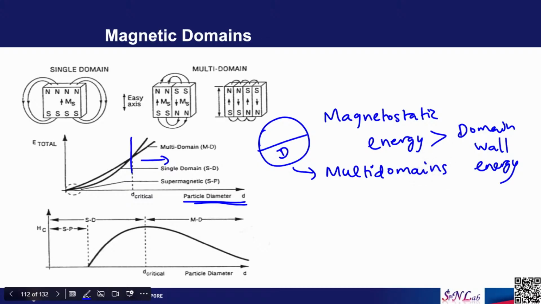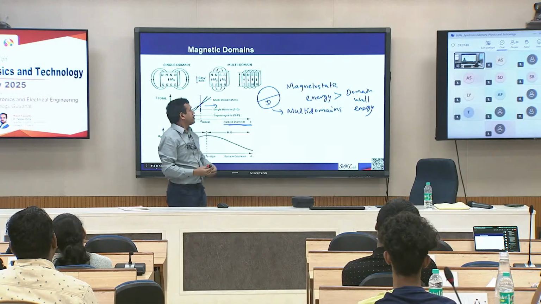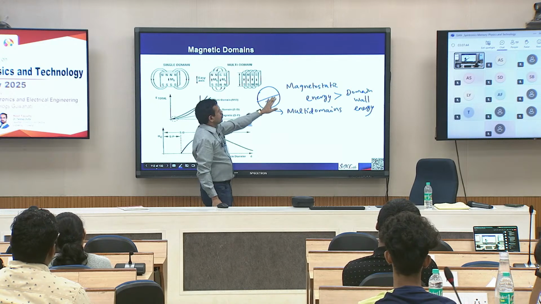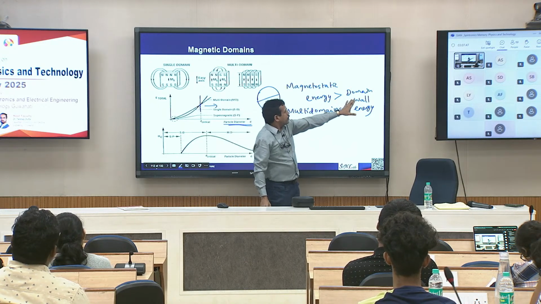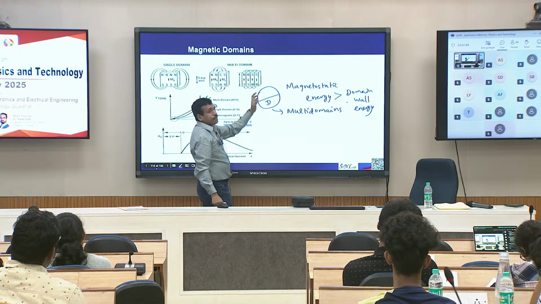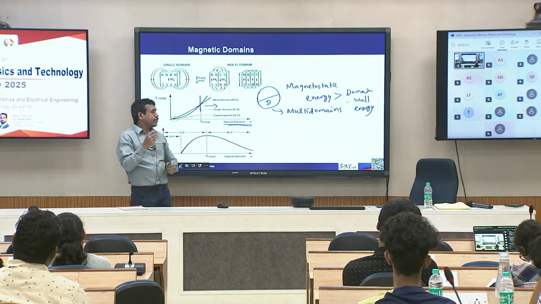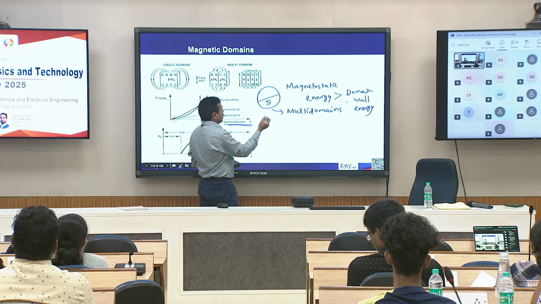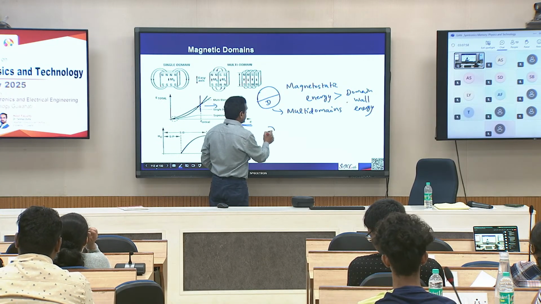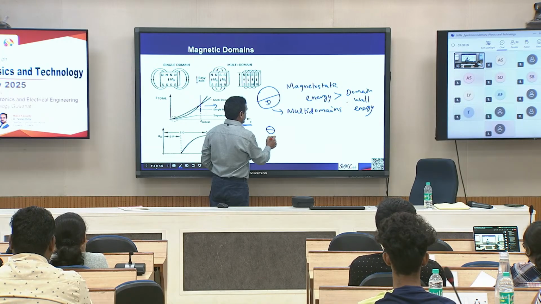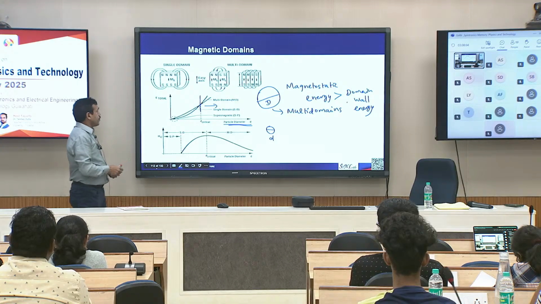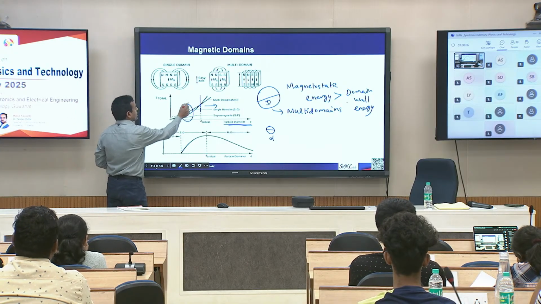In your chemical synthesis you have lots of such particles, all above a certain critical dimension, so the magnetostatic energy is more than the domain wall energy. All these tiny particles that you have created will have multi domains. On the other hand, say you have another recipe where you can prepare particles with a very small dimension. Now we are in this range.